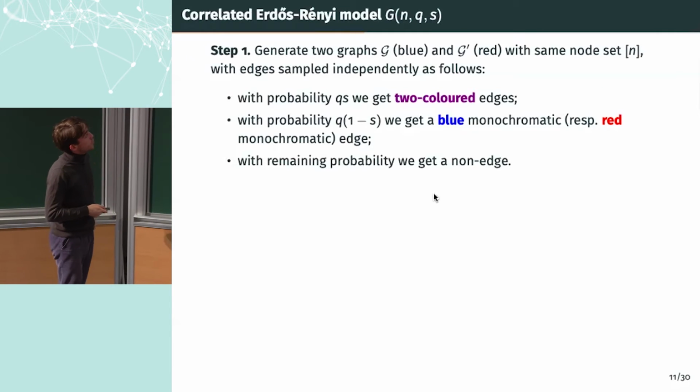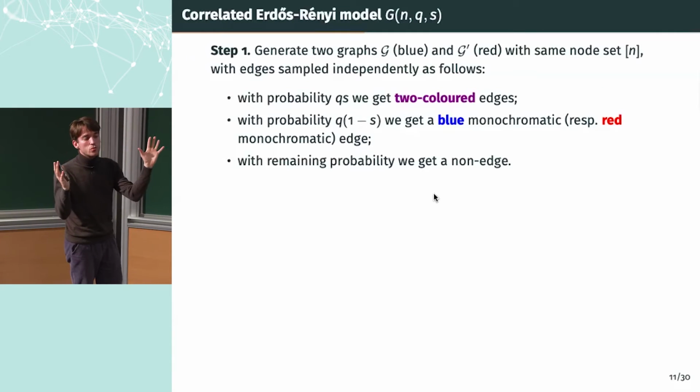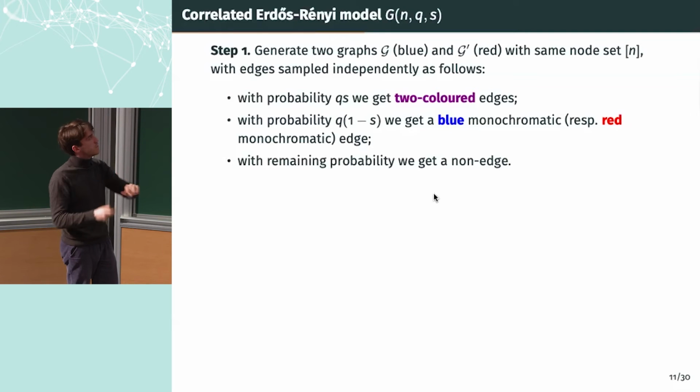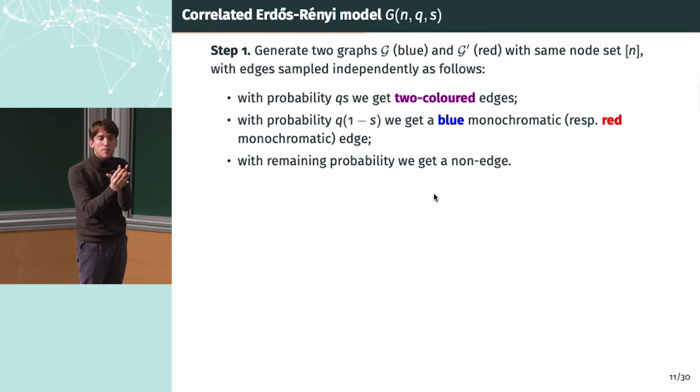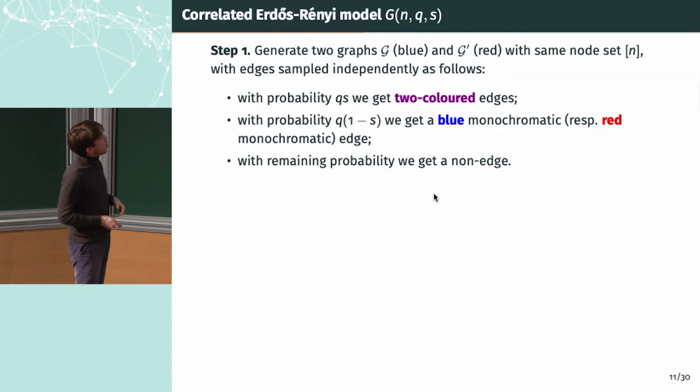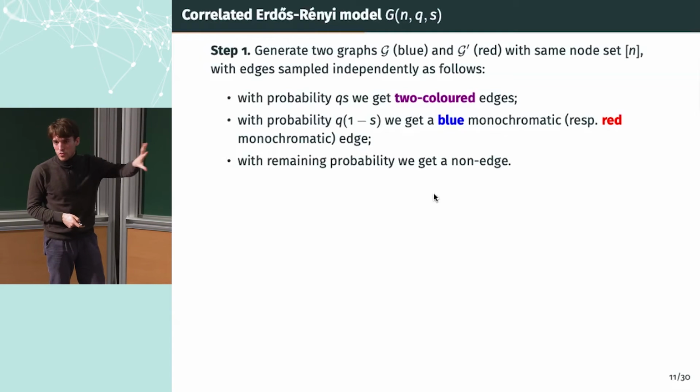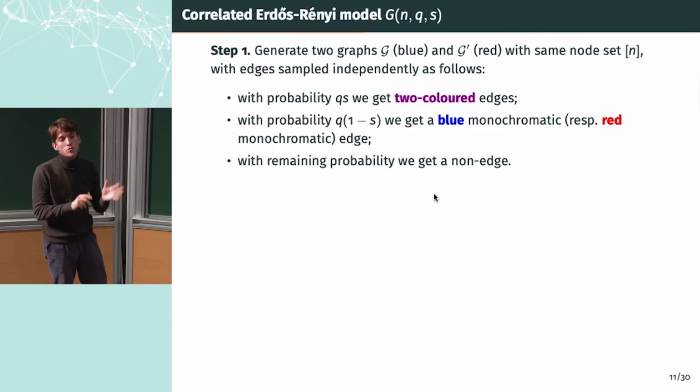A good way to see how to generate aligned graphs is simply to look at one graph with colored edges. Edges in this single graph may be two-colored, meaning that they belong to both graphs, or they can be just blue, first graph, red, second graph, or just no edges.